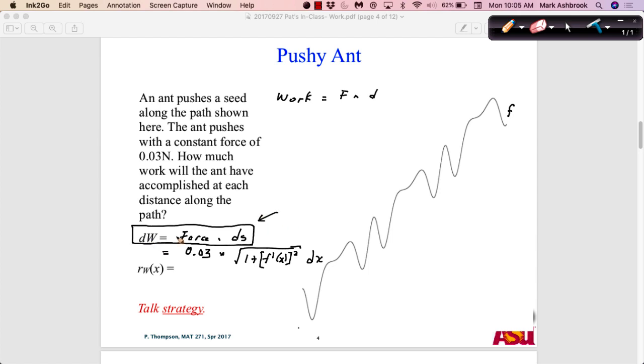This is like dy equals m dx, so this is like our little change in dependent equals something times a little change in independent. Therefore, rate of change of work is force. Just like rate of change of speed was acceleration and rate of change of distance traveled was speed. Rate of change of work is force.